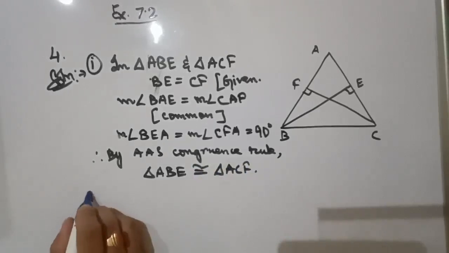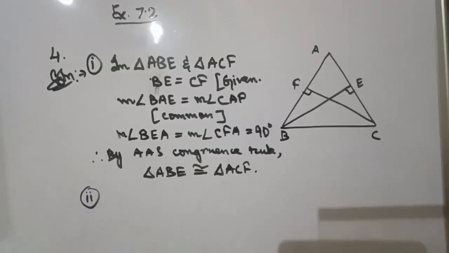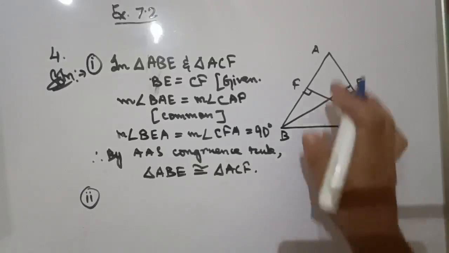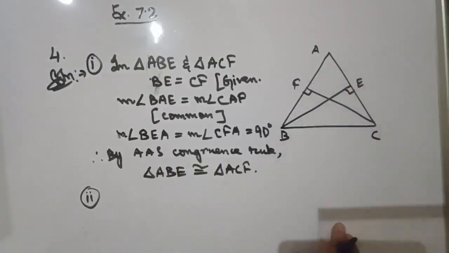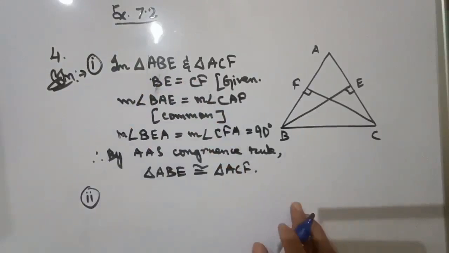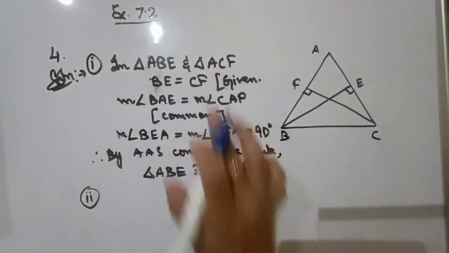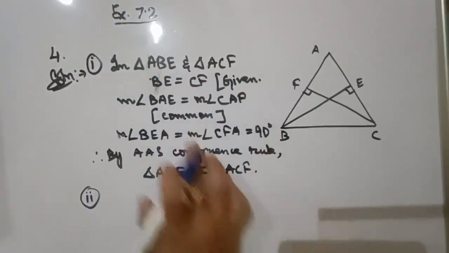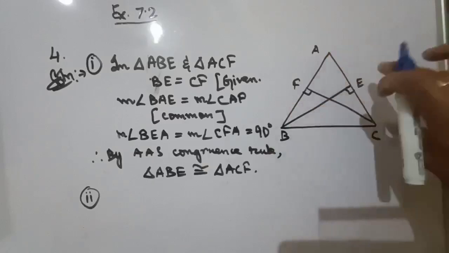For the second part, it is Roman number 2. We are to prove sides AB is equal to AC, such that triangle ABC is an isosceles triangle. So it is obvious that since these two triangles, that is triangle ABE and ACF, are congruent to each other, AB is equal to AC.